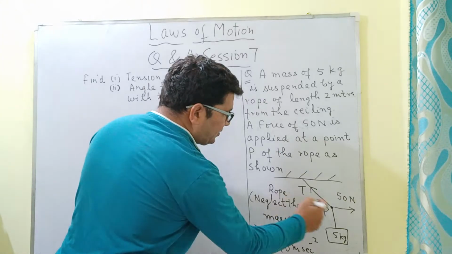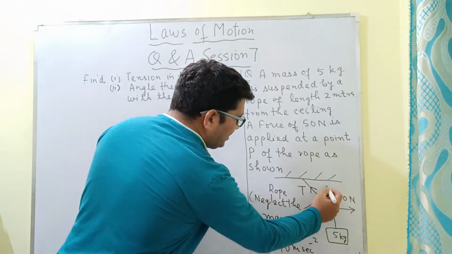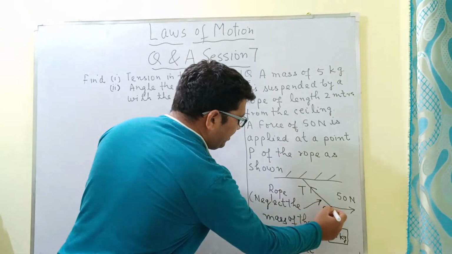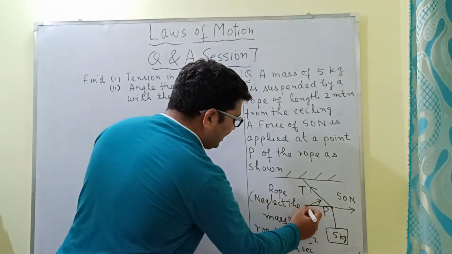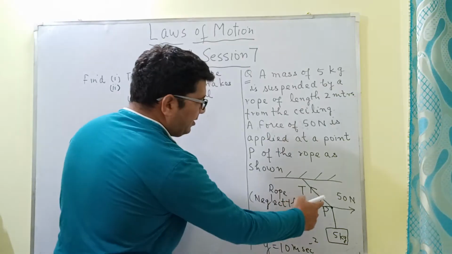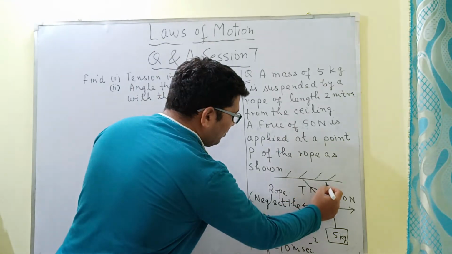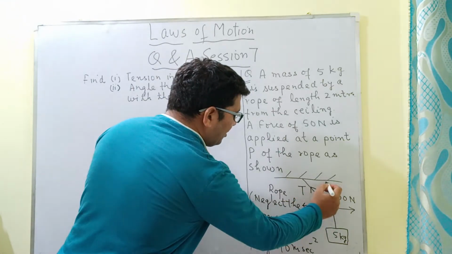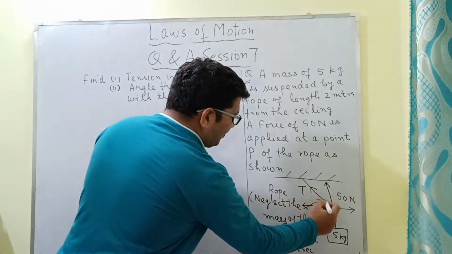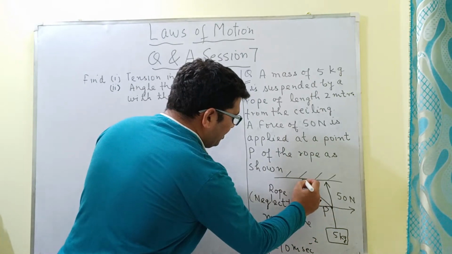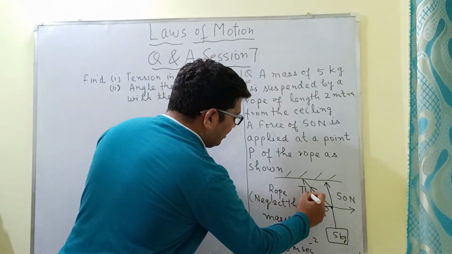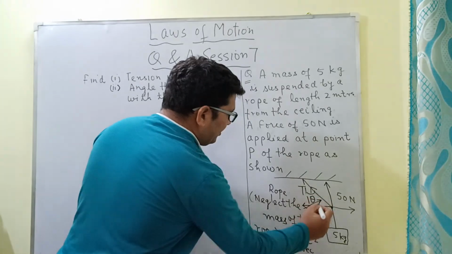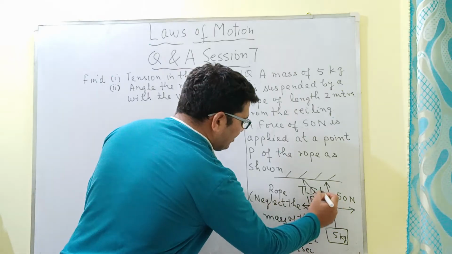now this tension will have two components. One will be the vertical component and one will be the horizontal component. Now this horizontal component will be directed in this direction, ठीक है, and the vertical component इस direction में होगा. Let us say this rope is making an angle theta with this vertical. ठीक है, अगर ये angle theta हो गया तो ये भी angle theta हो जाएगा.